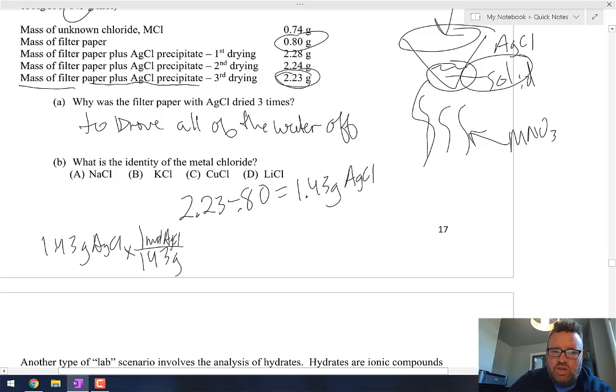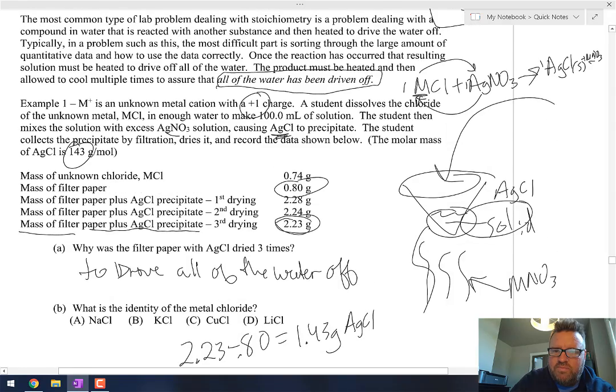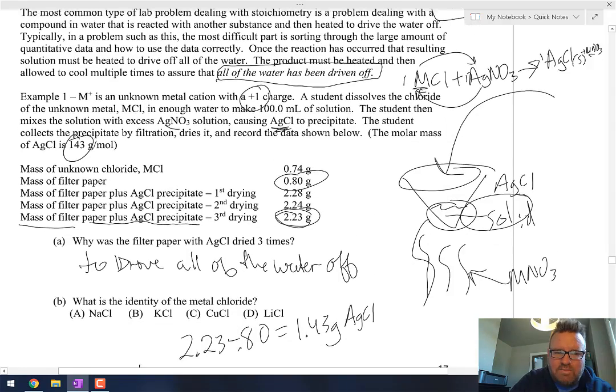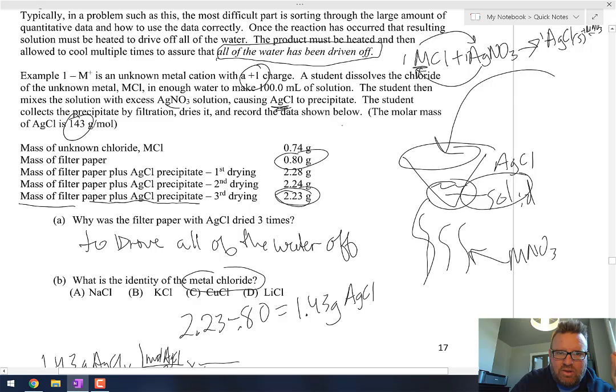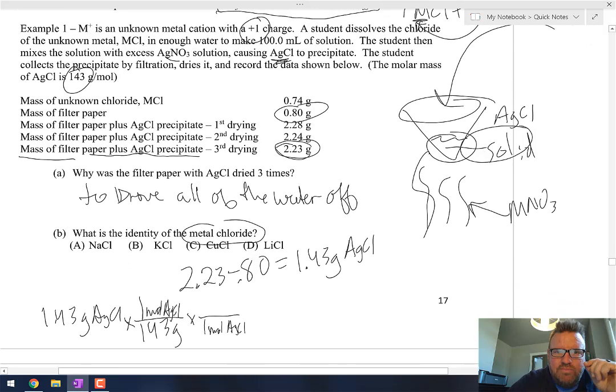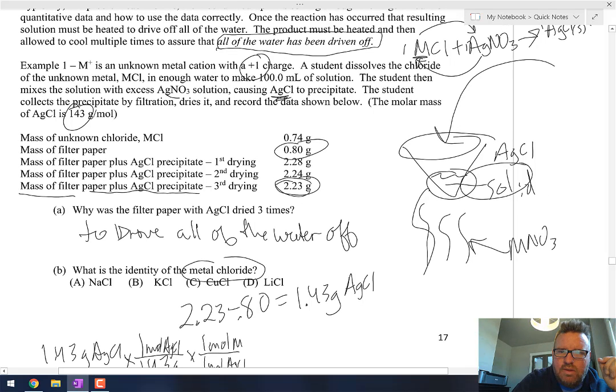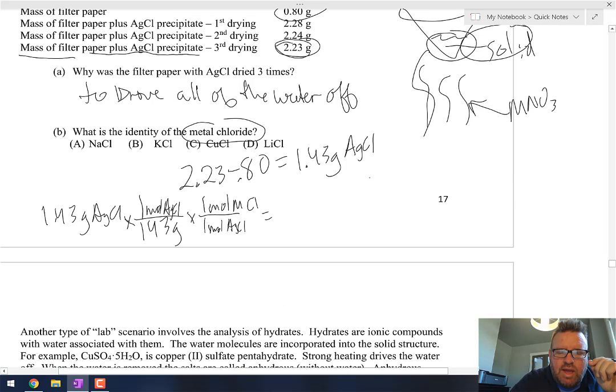So we can use stoichiometry: 1 mole of AgCl was formed when, again, they're asking about MCl, the identity of the metal chloride, 1 mole of MCl reacted. And I can't go to grams, though, because I don't know what M is.